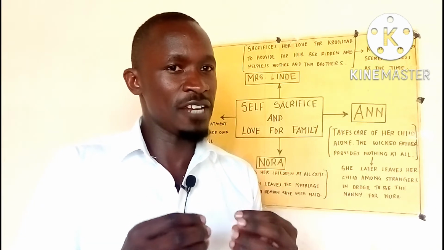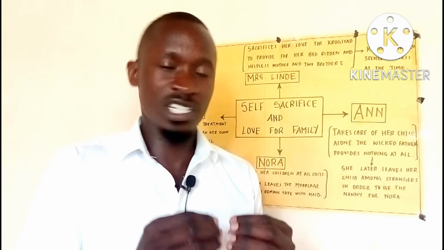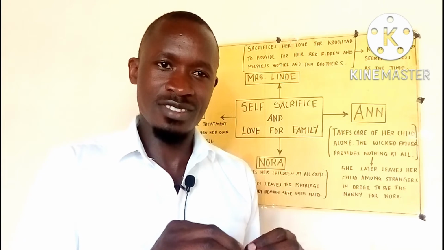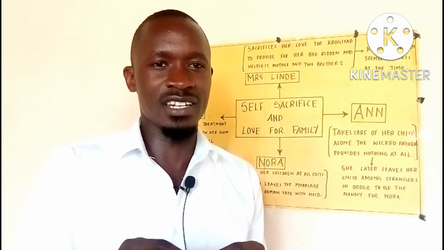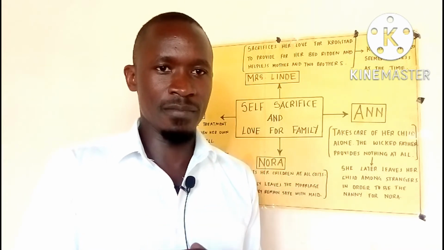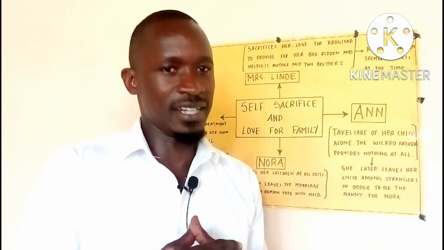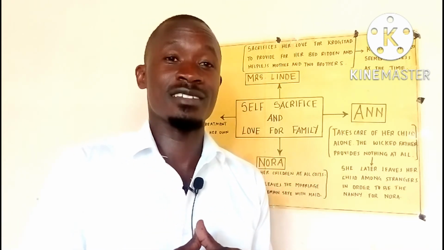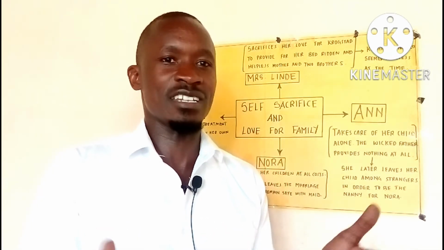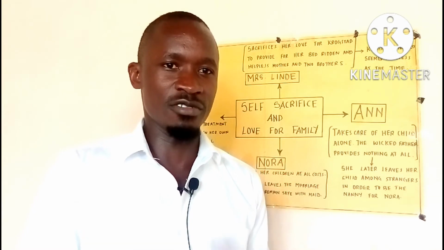She wants to provide for Nora's children an opportunity to grow well, and she in the process has to sacrifice her own children. She loves to see her family grow up appropriately. And the wicked man who made her pregnant did not provide anything, but this did not stop the young child from getting married and later on being confirmed, as she later on reveals.